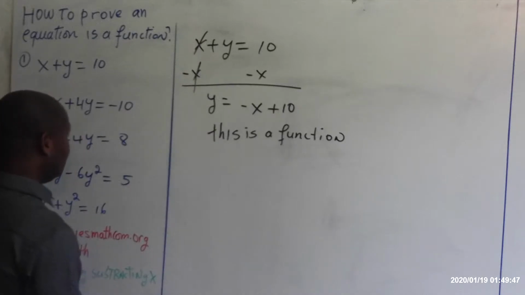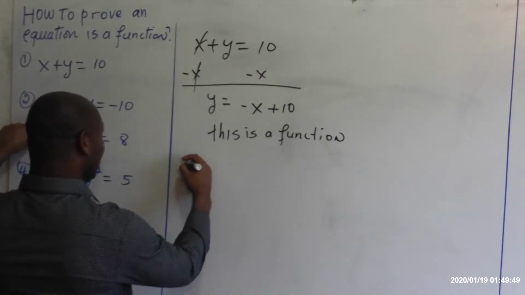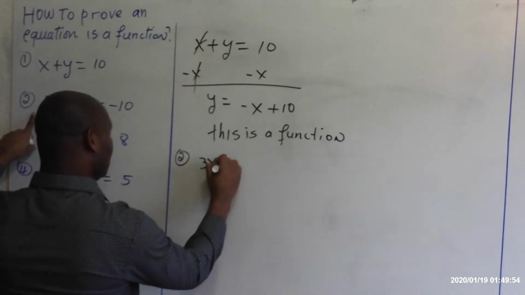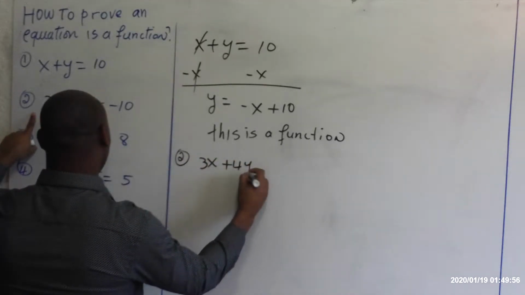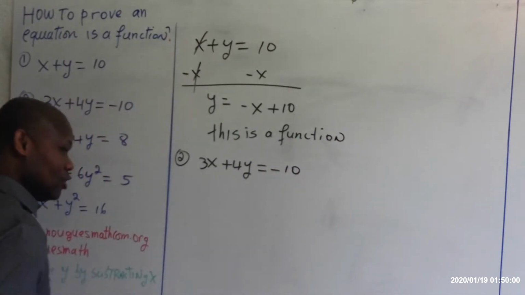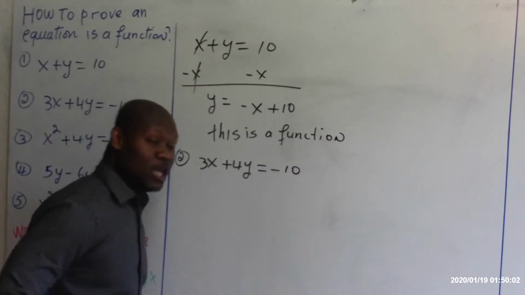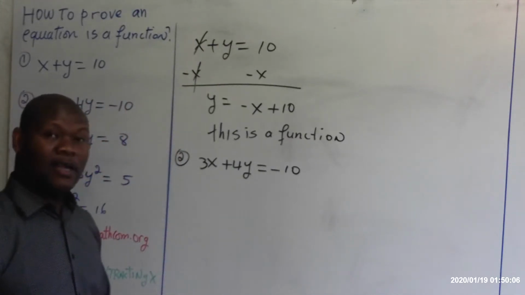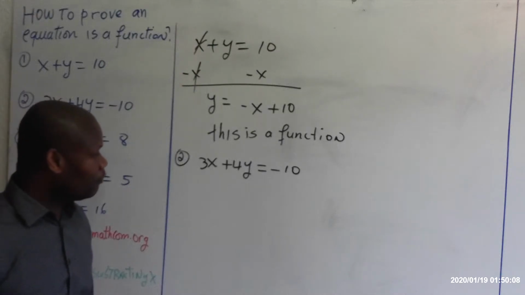The second one is 3x plus 4y equals negative 10. As I told you, everything we do now, you should know how to solve linear equations first.